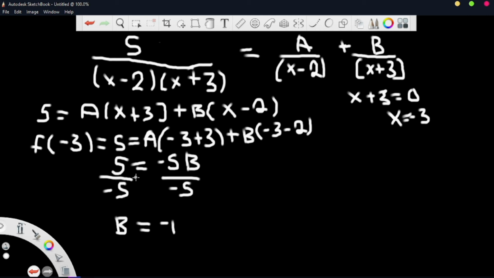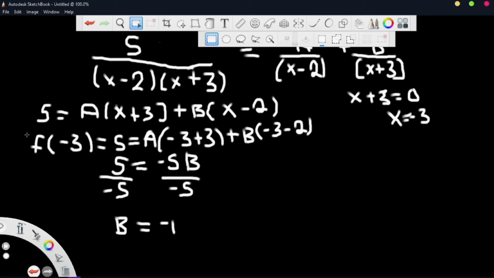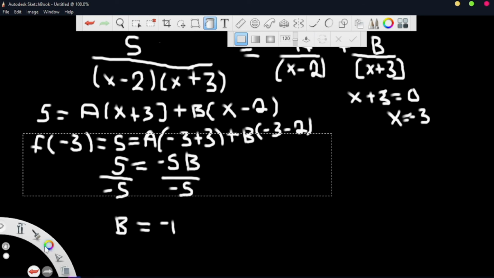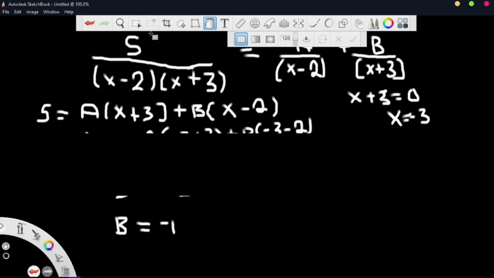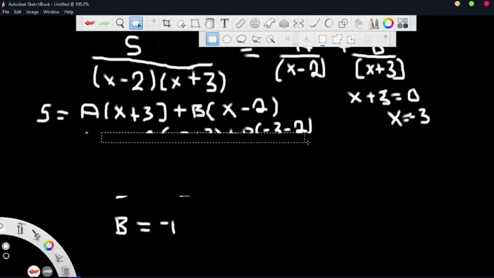Now that I've solved for my b, I can solve for my a. Let me erase this part. Let me erase that part. Let me erase this part.